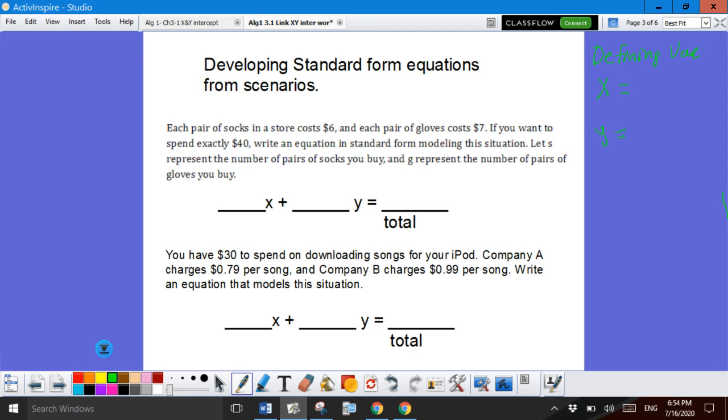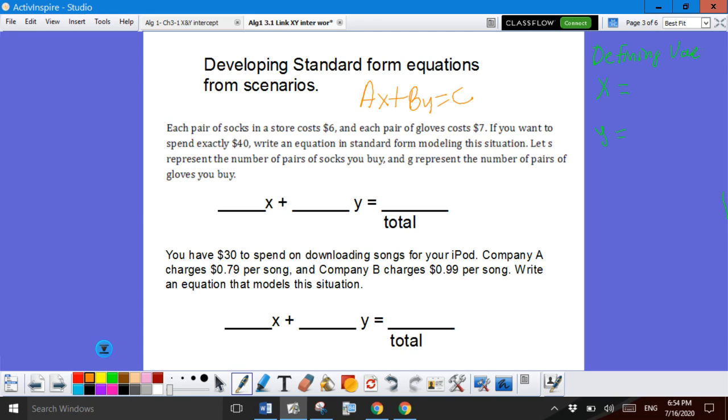And remember, standard form is AX plus BY equals C. Standard form equations are really simple to identify because they always give you two things and a total, like cheeseburgers, French fries, and money, or apples, bananas, and money. There's always two things and a total, and that's a clear way to know that you're dealing with a standard form.